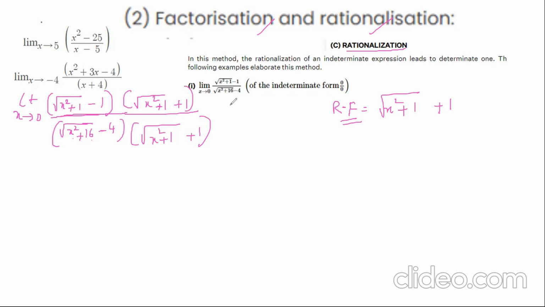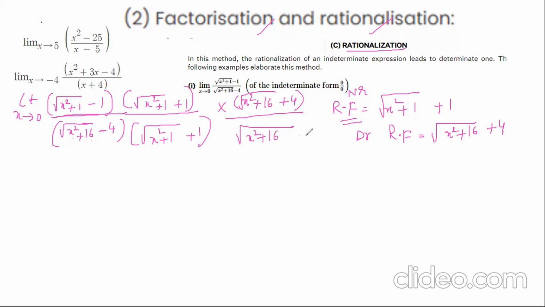So again I am multiplying with the denominator's RF. The denominator rationalizing factor is root of (x square plus 16) plus 4. I am just multiplying and dividing with the RF to make our denominator rational as well. Got it? Plus 4 divided by square root of (x square plus 16) plus 4.